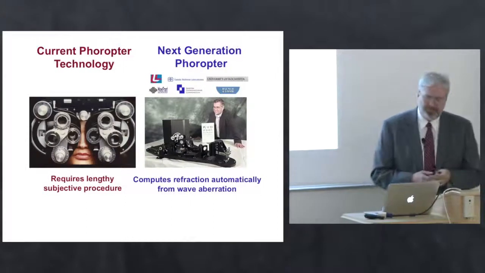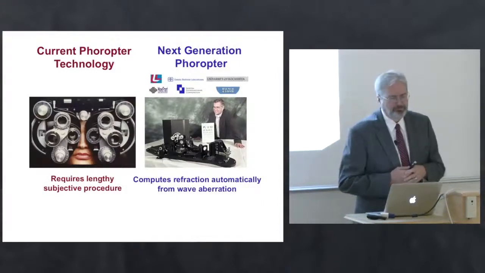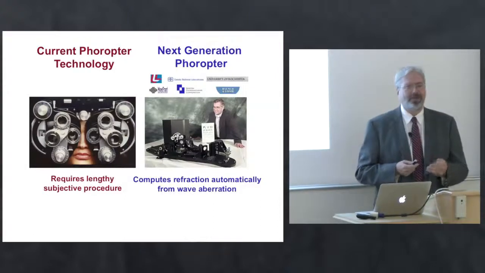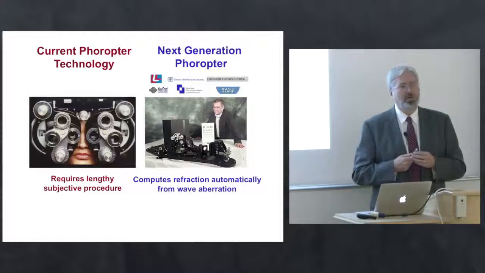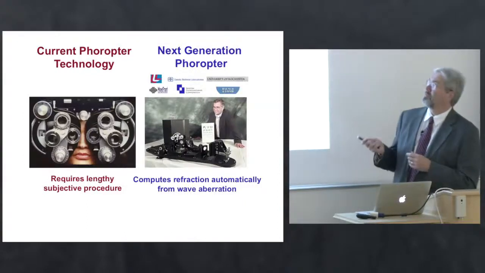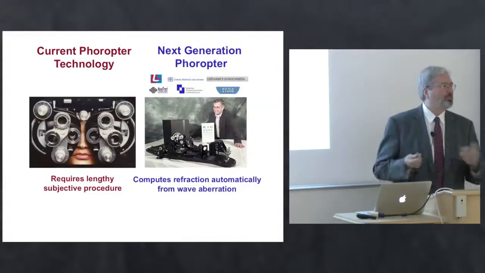Now, another application of this technology that I've been talking about for seems like decades, it couldn't have been that long, a decade and a half probably, is that ultimately, I think that adaptive optics, if it can be made cheaply enough, will replace the current phoropter. This device, I had to talk about this because I'm in an optometry school.